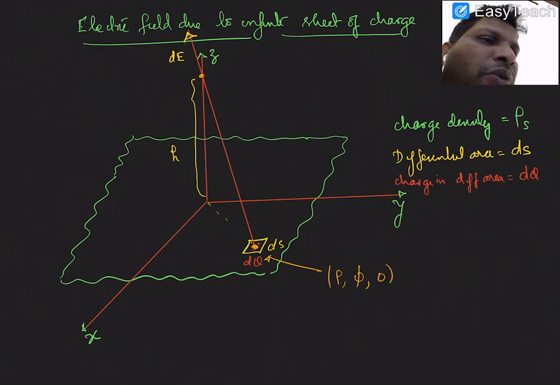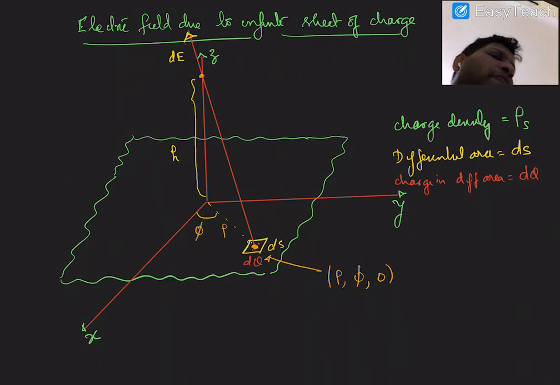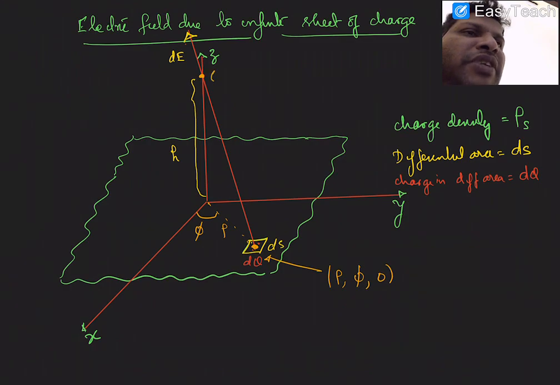This is in the cylindrical coordinate system: rho is my radial distance in the xy plane, and this is phi. The point on the z axis can be represented with rho equal to 0, some phi in the same direction, and this is h.